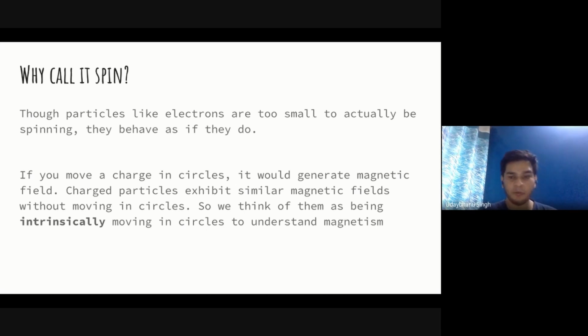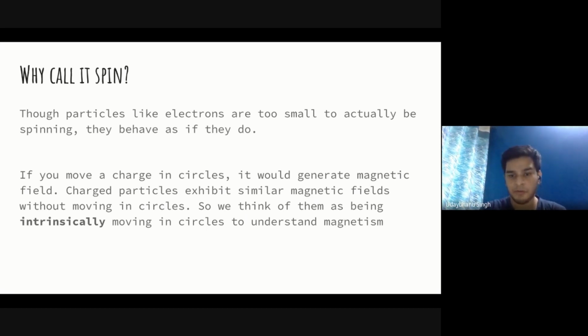So scientists figured out that particles aren't actually spinning, because for them to spin and generate a magnetic field, that would be a very absurd idea. They would have to move at extremely high angular velocities in order for these charged particles to create magnetic fields around them. And then they came up with the idea that spin is actually an intrinsic property.